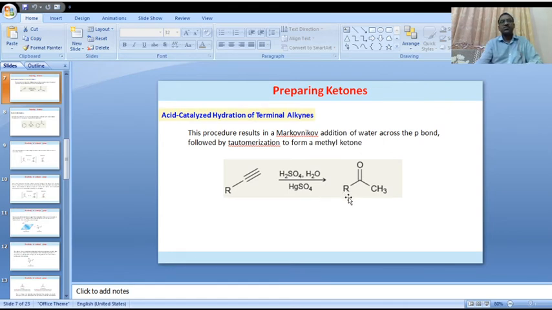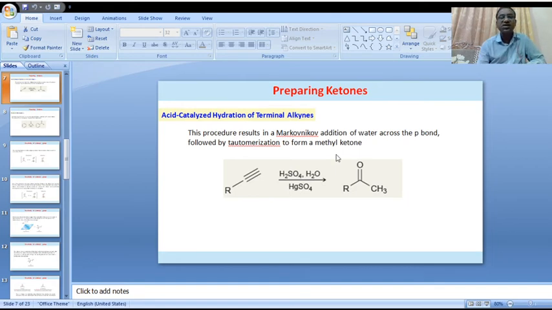The enol form is produced in this reaction as an intermediate. That enol form is an unstable structure, and it immediately turns into a ketone. A methyl ketone is produced in the reaction.